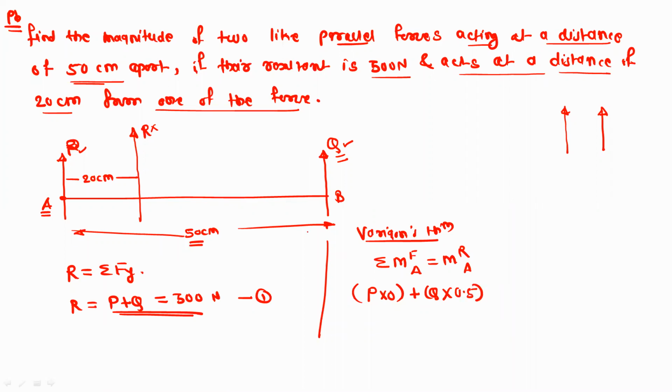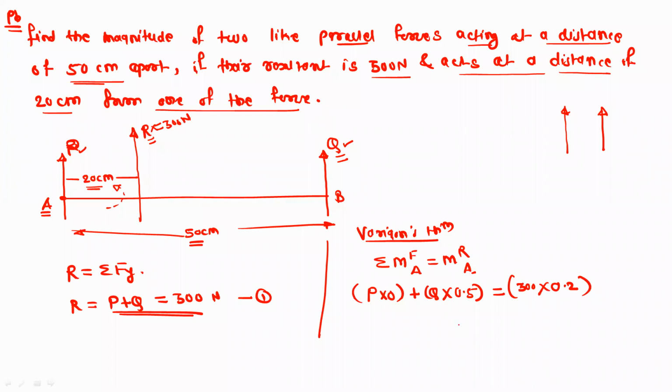It is equal to the moment by the resultant about the same point. So this is the resultant, which is equal to 300 Newton. So the moment by the resultant is 300 into perpendicular distance, which is 20 centimeter, so it is 0.2. And this moment by the resultant is in the anti-clockwise direction, so it is positive.